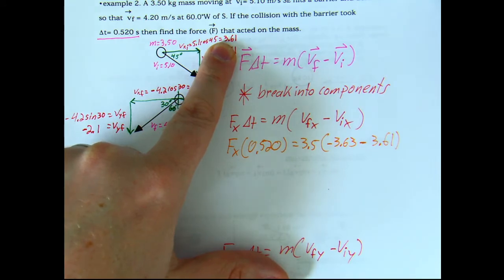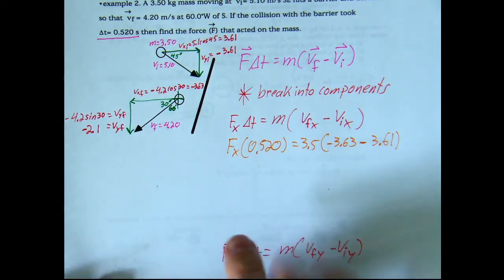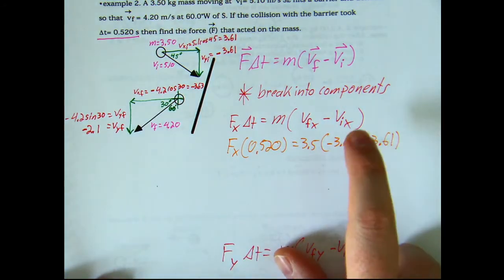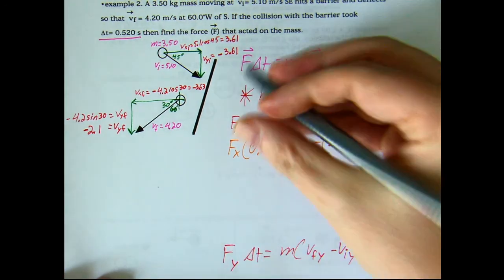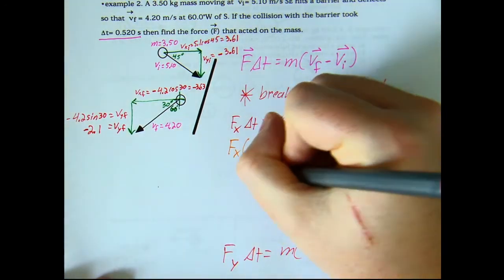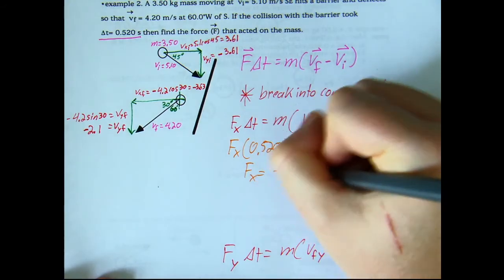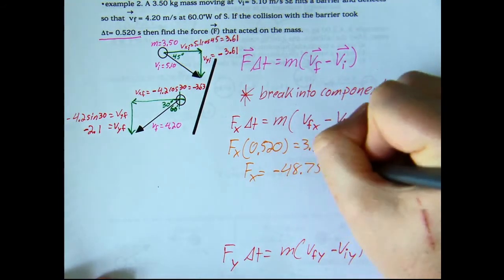If you solve this thing now, this guy minus this guy times this divided by that, you're going to get an Fx of negative 48.75 newtons.